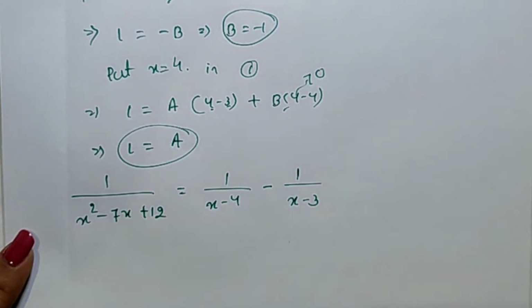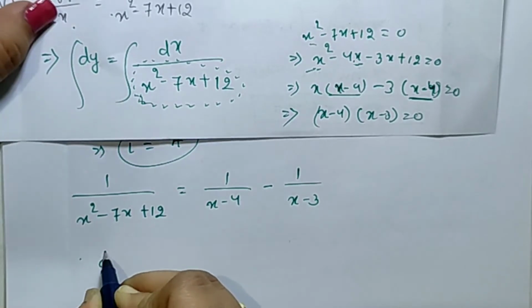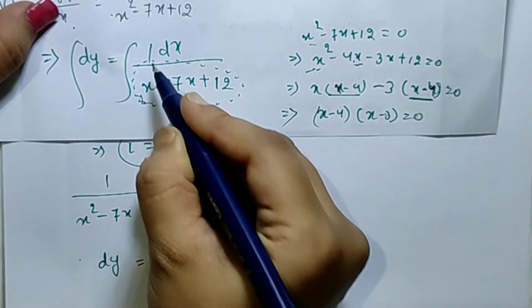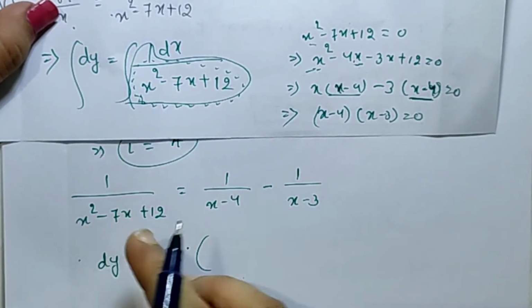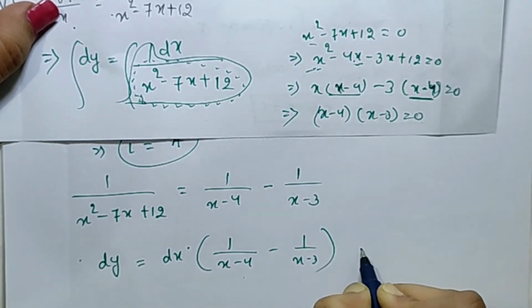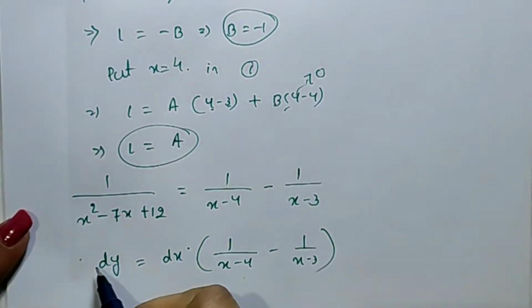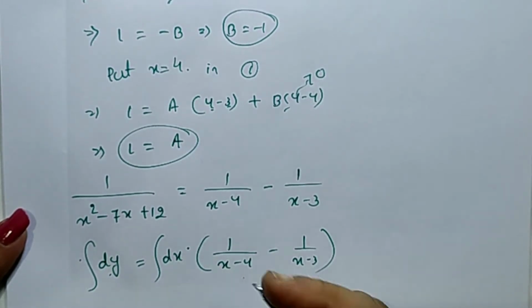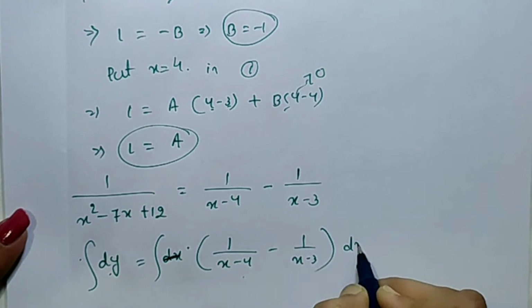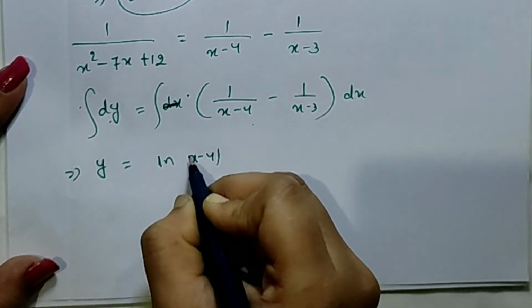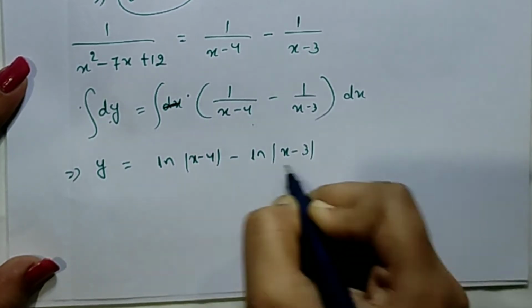Now what can we write? dy is equal to dx into 1 by x square minus 7x plus 12, which can be written as 1 by x minus 4 minus 1 by x minus 3. Now integrating both sides, integration of dy will be y, and let's write this dx on the right hand side. The integration of 1 by x minus 4 will be ln x minus 4 minus ln x minus 3 plus c.